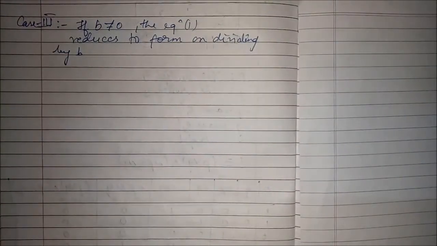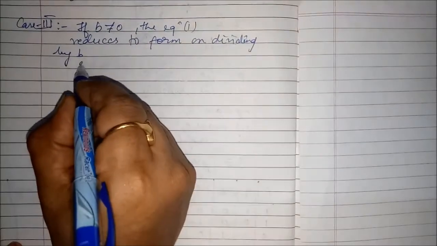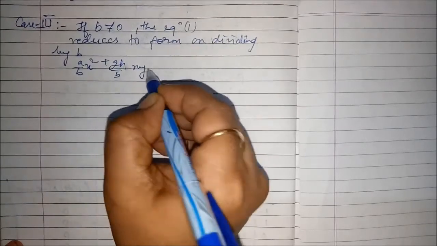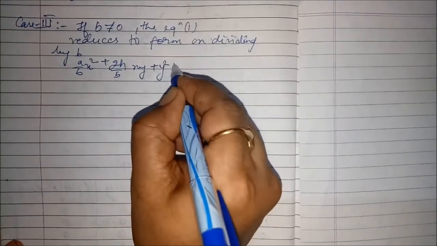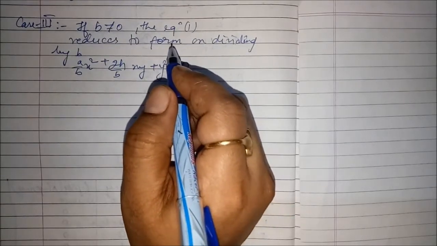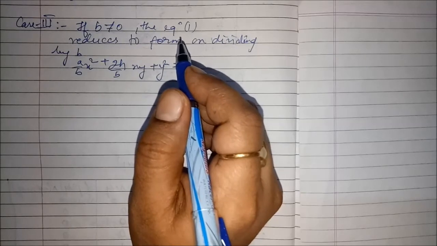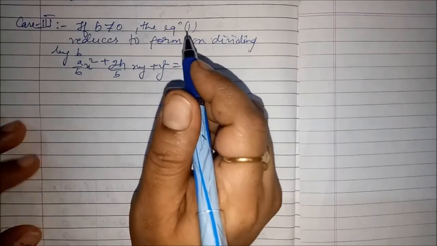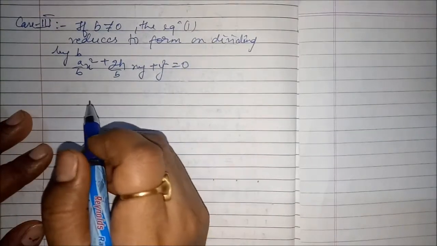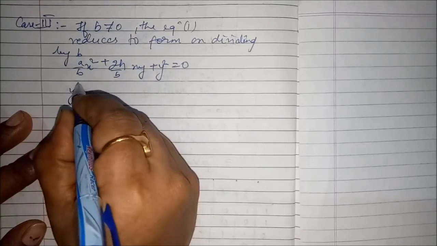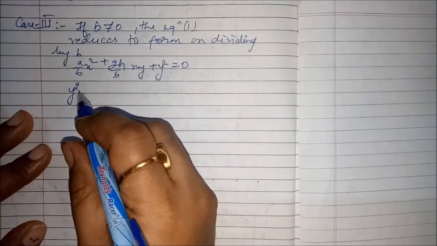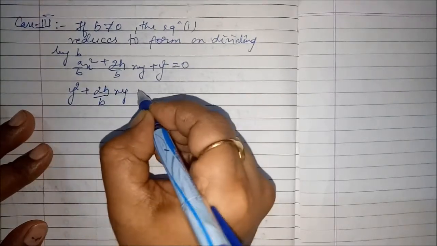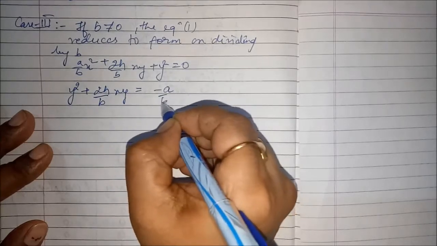If we are dividing by b in equation 1, then we get a upon b x square plus 2h upon b xy plus y square equal to 0. Now we will separate this equation and make it a whole square in y. Let's consider this equation as a quadratic equation in y. So y square plus 2h upon b xy equals to minus a upon b x square.